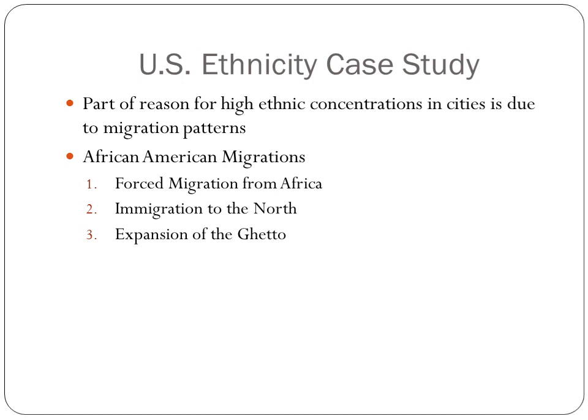We're going to use this as a case study to look at migration patterns, as well as a bit of economics, as to why African Americans tend to be more clustered in urban areas than, say, Americans as a whole. There are 3 major eras that we're going to look at: the forced migration from Africa, immigration to the north, and then what our textbook calls the expansion of the ghetto. We're going to look at each of those in detail.